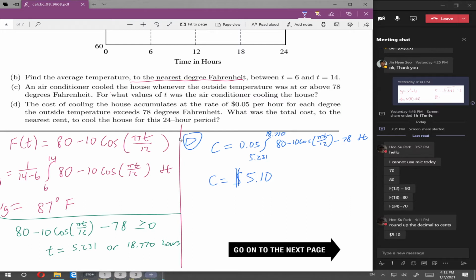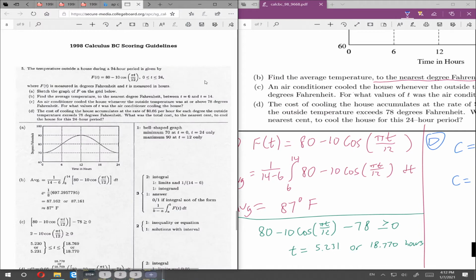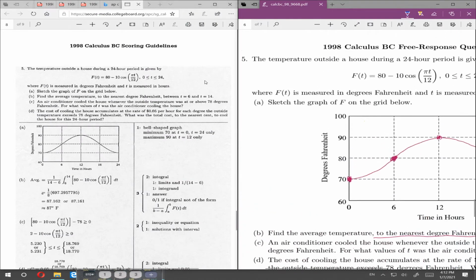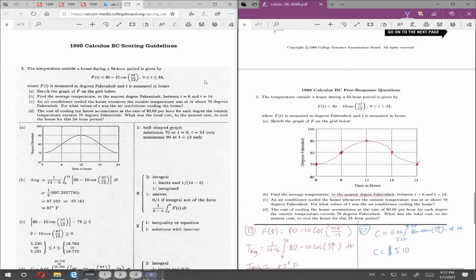All right. Let's see how we did. So we've got, first off, 1 point for a bell-shaped graph with a minimum at 70 and a maximum at 90, only at 12, minimums at 0 and 24. Okay, we look good.